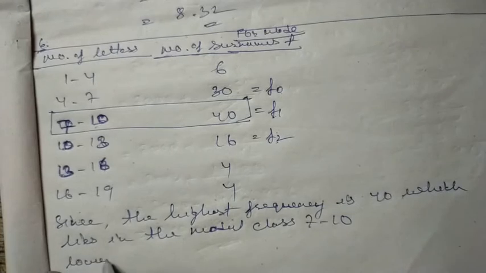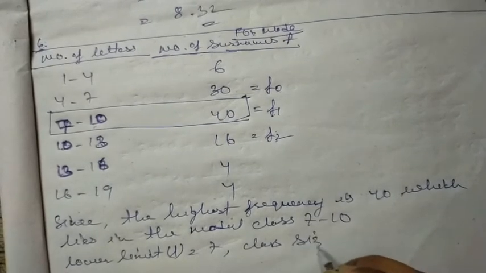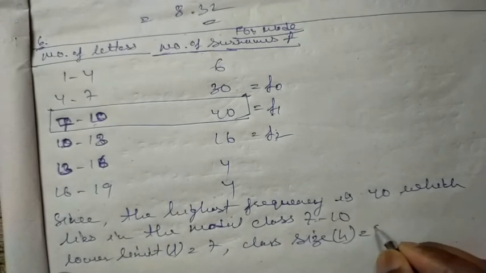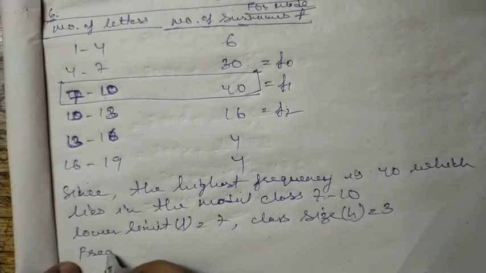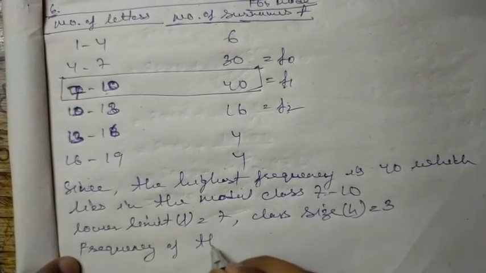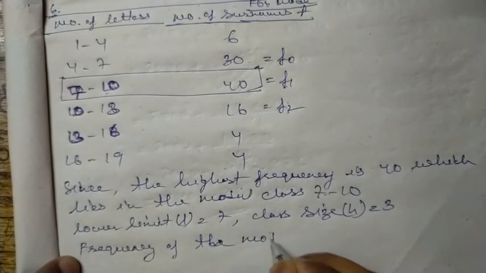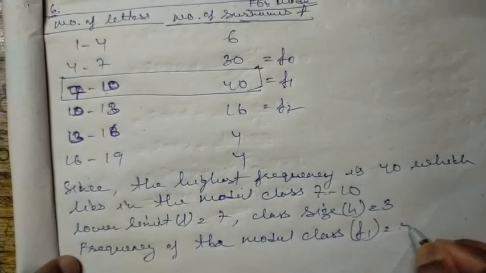So we'll write over here, lower limit, that is L, is our 7. Class size, that is H. What is the class size? Class size will be 3. Frequency of the modal class, that is F1 is equal to 40.